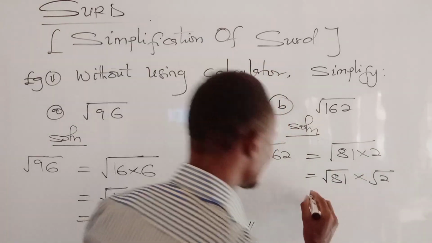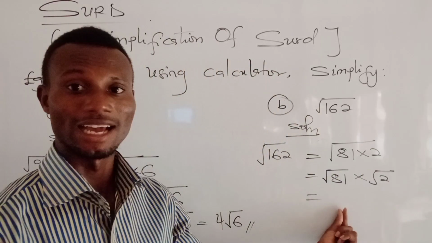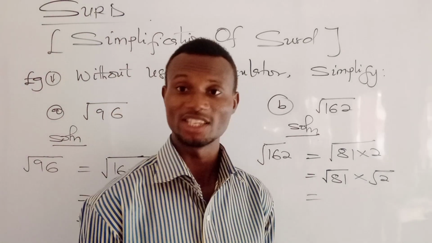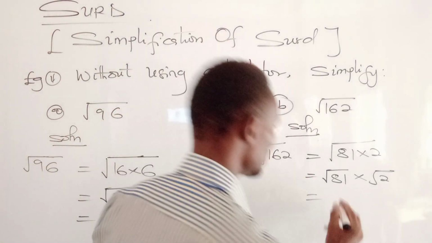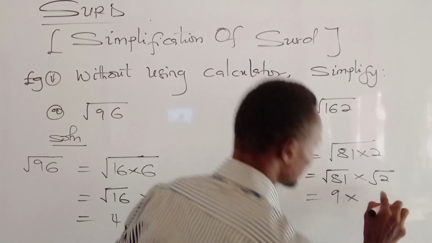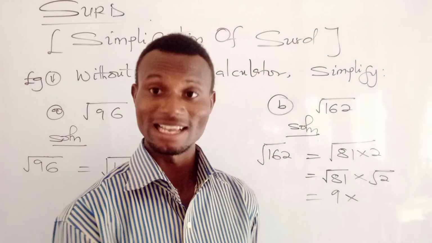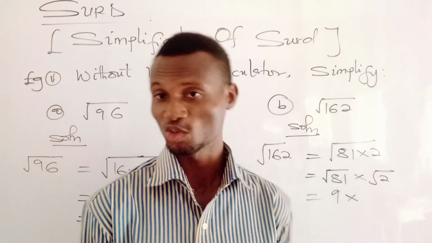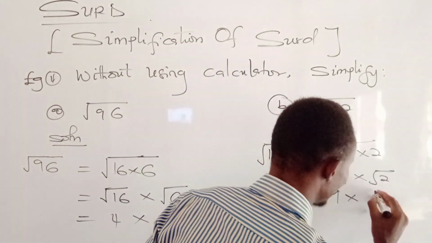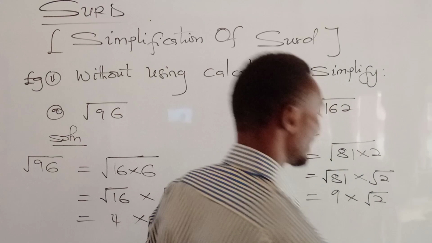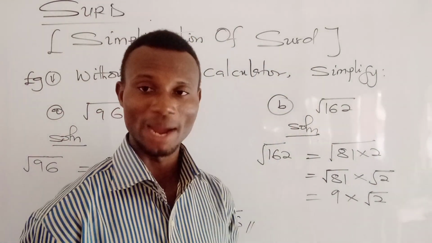Now the square root of 81, we know the answer. So let's simplify further. Square root of 81 is 9. So you write your 9, then times. Now the square root of 2, we will not get a whole number as an answer for the square root of 2, so just repeat your square root of 2. So 9 times square root of 2. Now let's simplify further by multiplying.